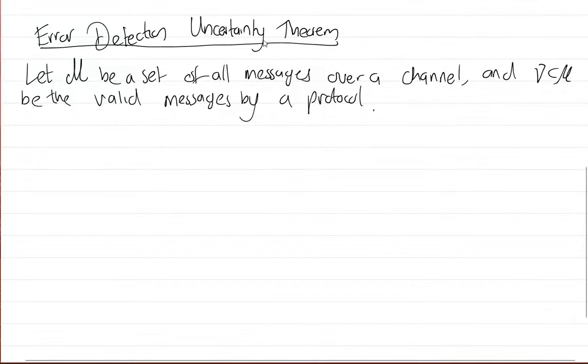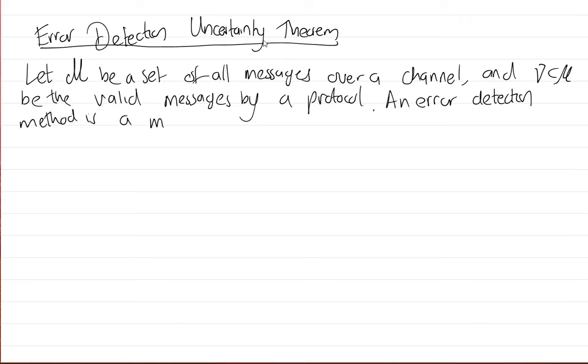Okay. So an error detection method is a mapping F from all valid messages to some kind of code words, where C, a subset of M, are code words.